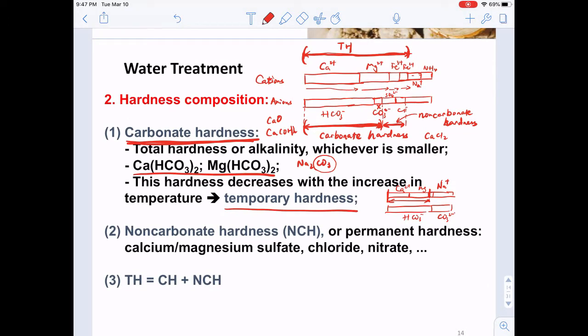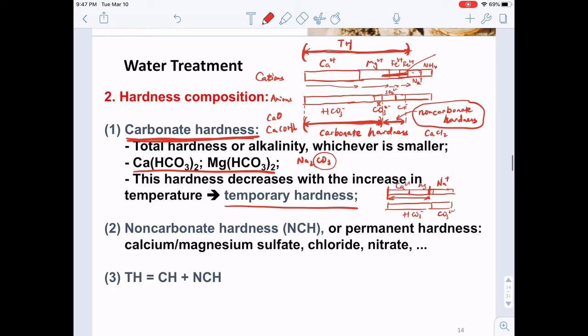For example, in this first example, you can see that this region represents the non-carbonate hardness. This is because these metal ions are not coupled with the alkalinity species. They're coupled with, let's say, chloride or sulfate ions, which means they're going to be permanent hardness, right?